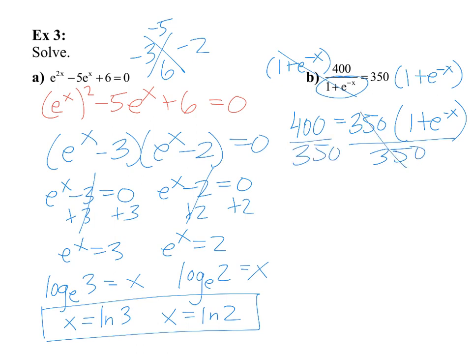And 400 over 350 reduces to 8/7. Then I'm going to subtract 1, so I end up with 1/7 equals e to the negative x. Okay, I'm almost done here.